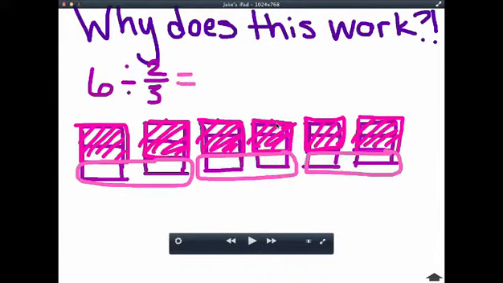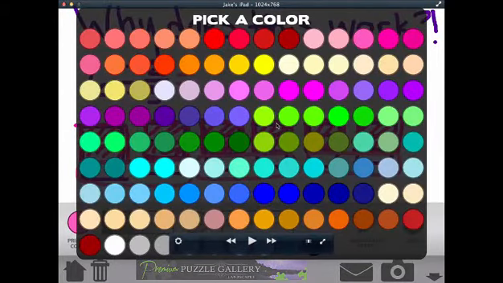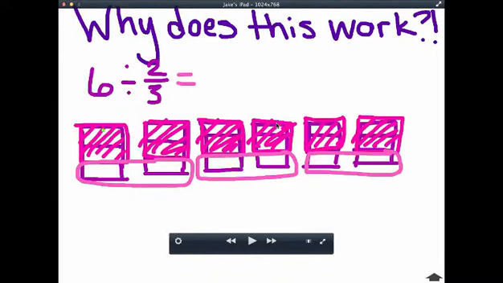So how many total groups of 2 did we end up with in our picture? Let's do this real quick. So we have 1, 2, 3, 4, 5, 6, 7, 8, 9. Our answer becomes 9. 6 divided by 2/3 equals 9.